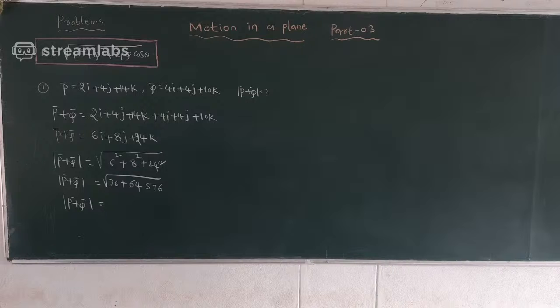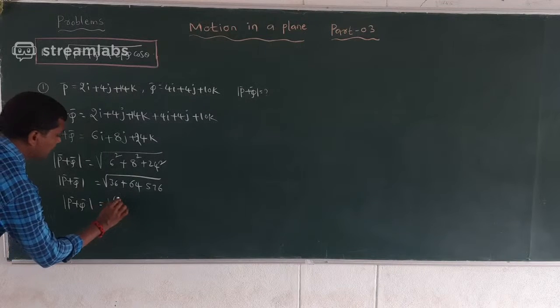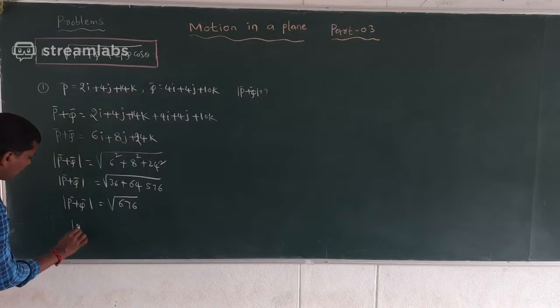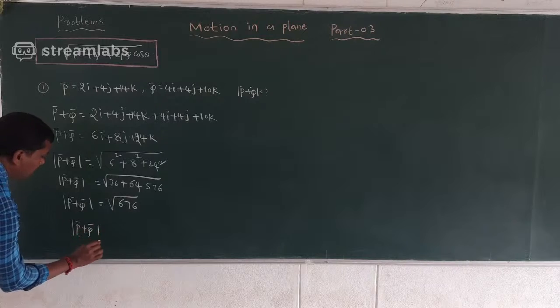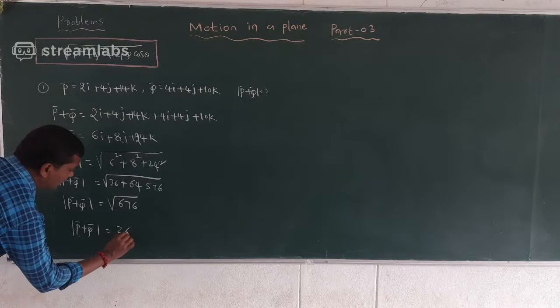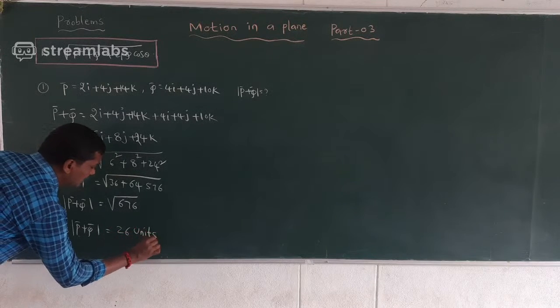So the total value is 296. Therefore mod of P bar plus Q bar is under root of 296 units.